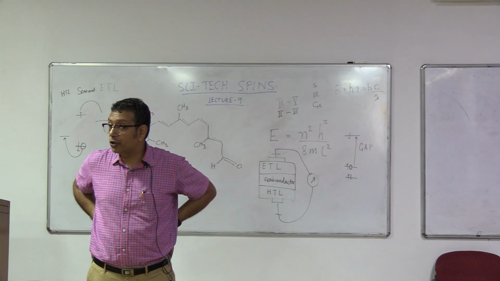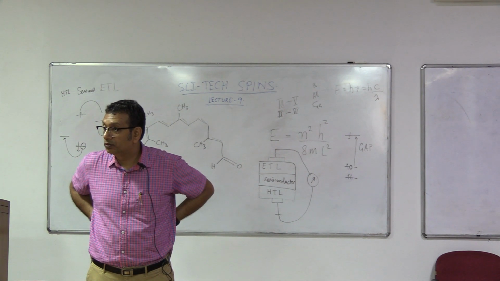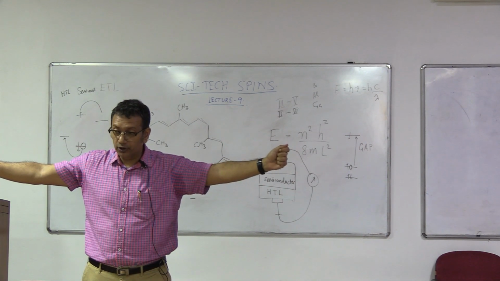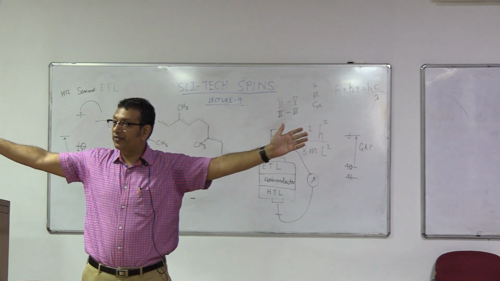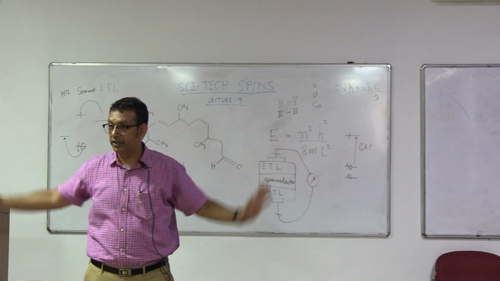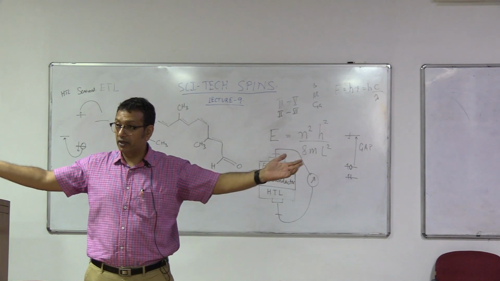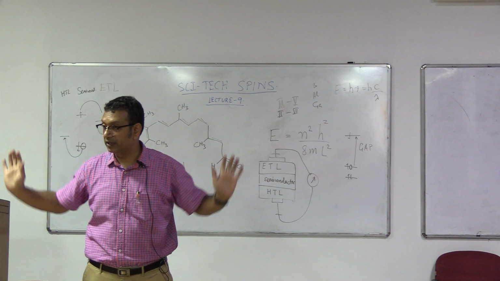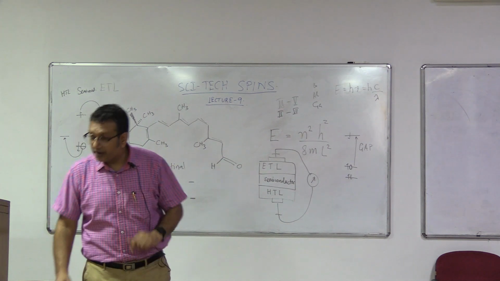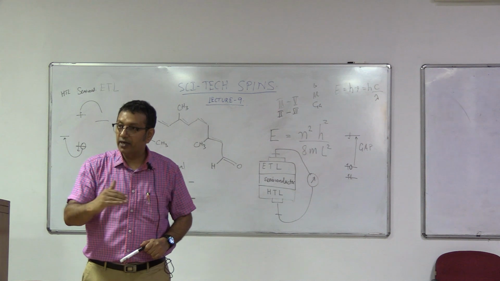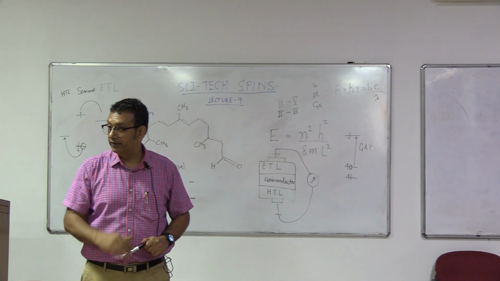It is with respect to when the electron and proton are very, very far. That is when I say it is the zero of energy. So they are free particles. They do not feel any Coulomb attraction between them. So I define a zero of energy. And with respect to that, I define all my energy levels.